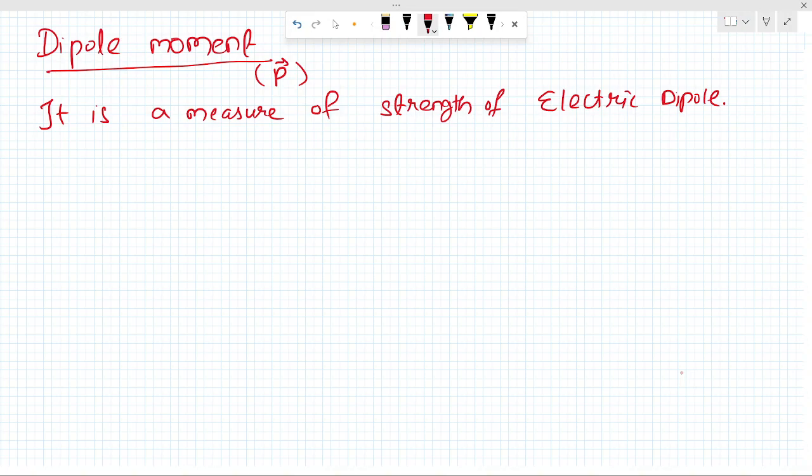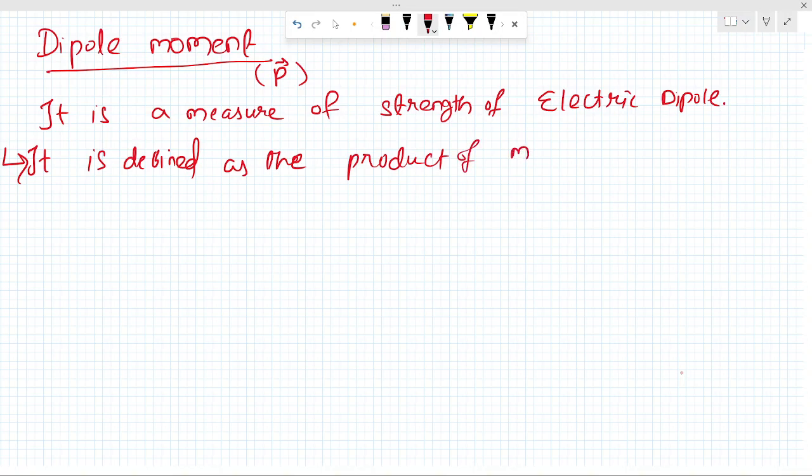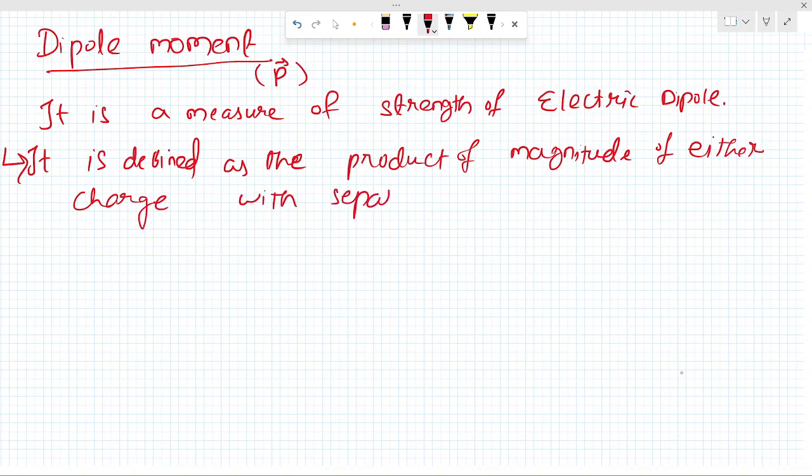So how do we define dipole moment? It is defined as the product of the magnitude of either charge with the separation between the charges.